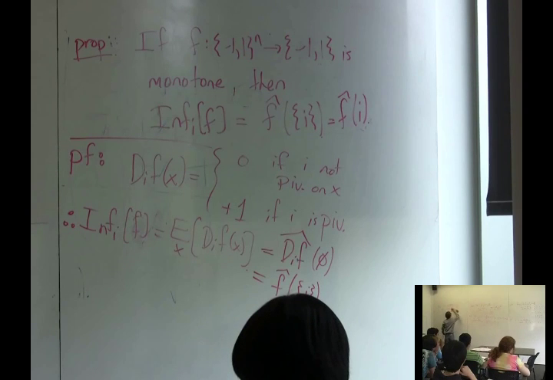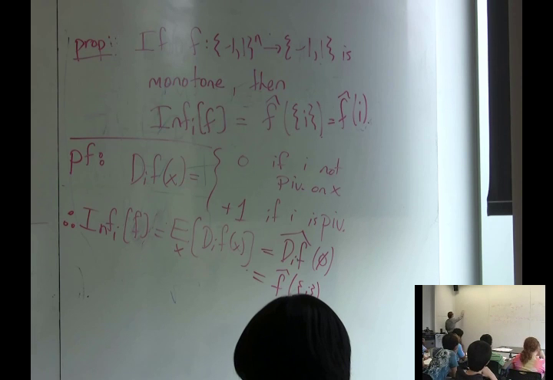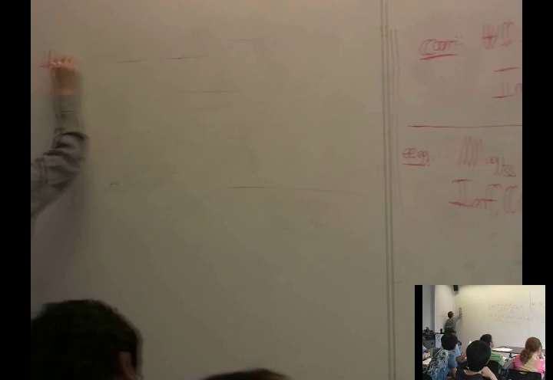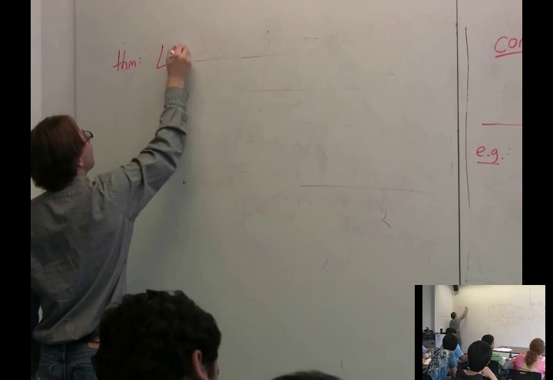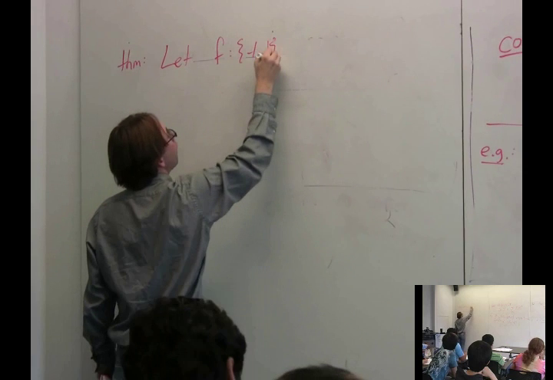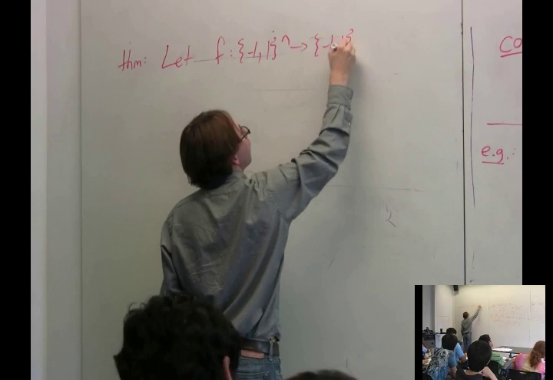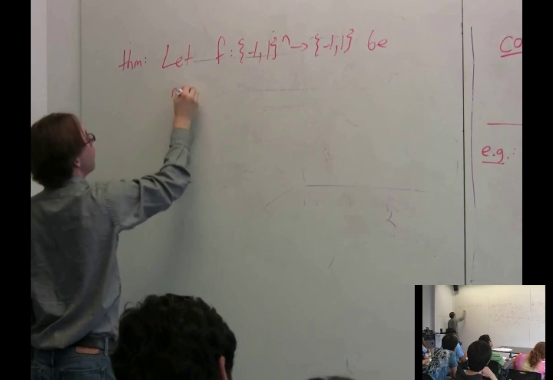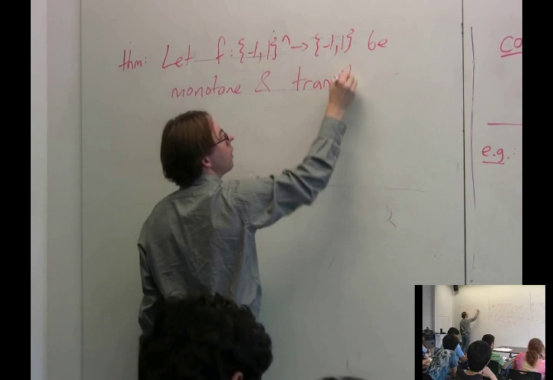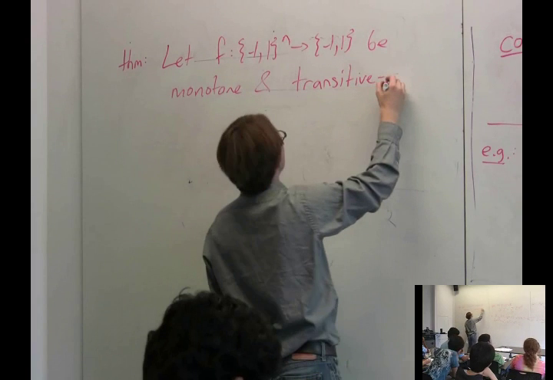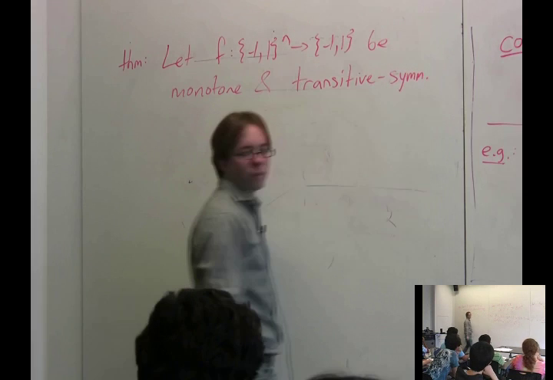These are going to be some important formulas and notions for us when studying Boolean functions. Let me do a quick little application of this regarding voting. So here's a little theorem. Let f be a voting rule which is monotone, which is a pretty reasonable assumption for a voting rule, and also transitive symmetric, which is also a reasonable property for a voting scheme.